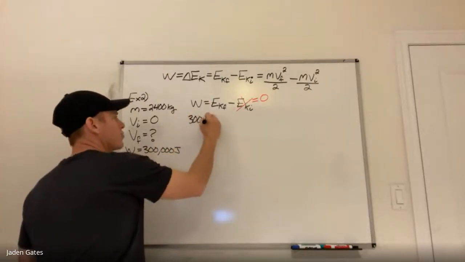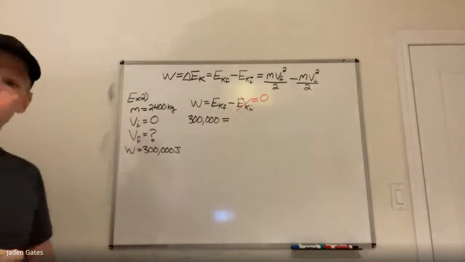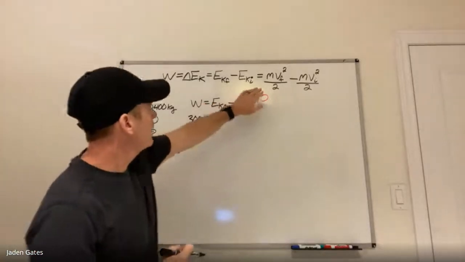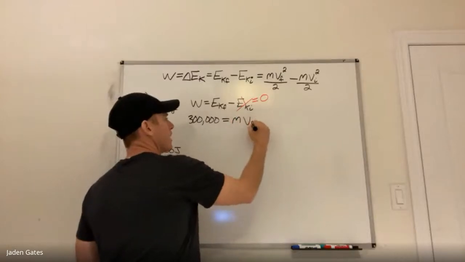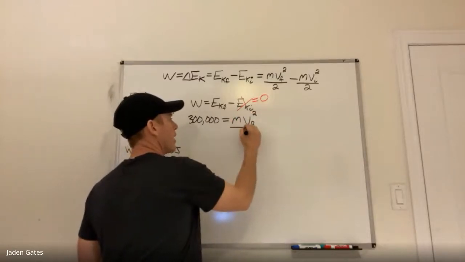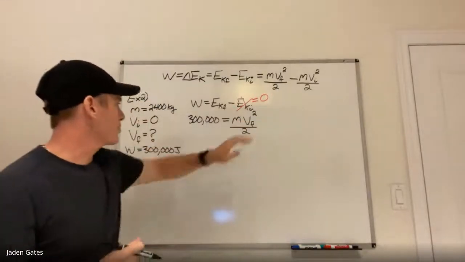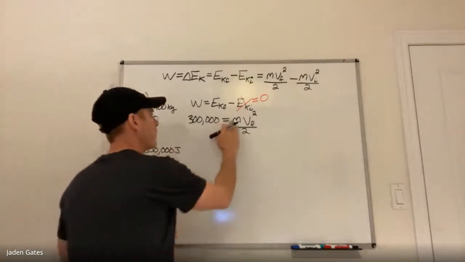And then I know that 300,000 joules of energy are applied by the motor to the vehicle. All right, we have our EKF, our final kinetic energy, which would be mass times VF squared divided by 2. I guess I could have substituted in for mass there. Let's see if I can fit that in there.